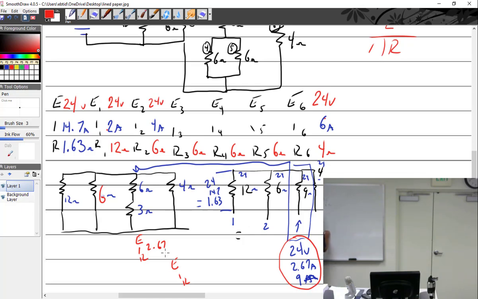So this over here is going to equal that. R1, R2, R3, R4, R5, and R6.